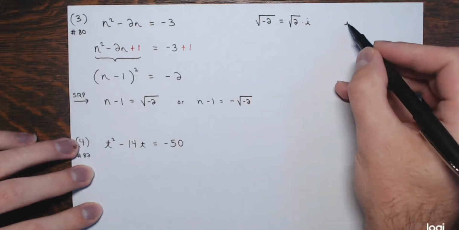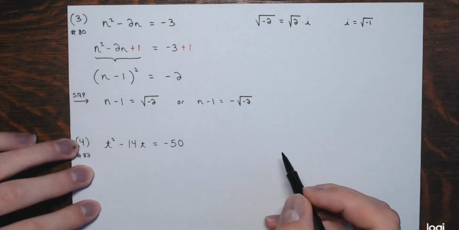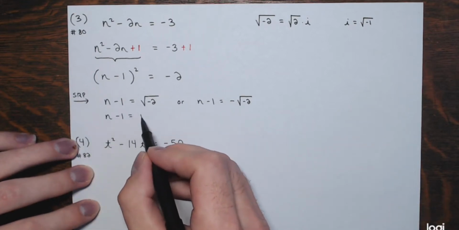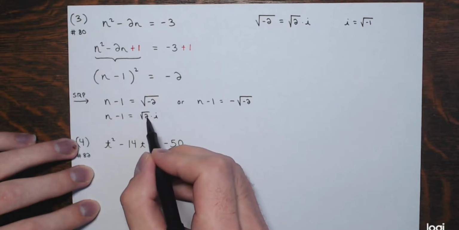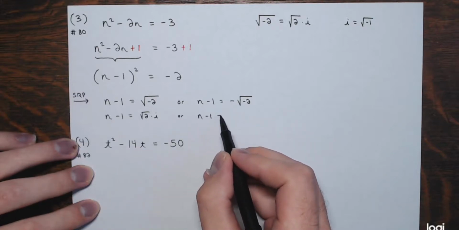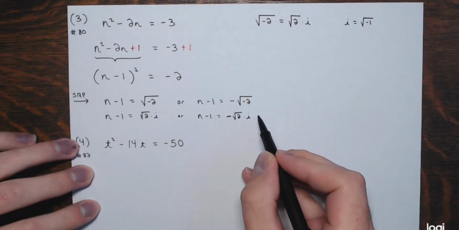And remember, i is the square root of negative 1. So we have n minus 1 equals the square root of 2 times i. And just make sure the i is not in the square root. Or n minus 1 equals negative square root of 2 times i.